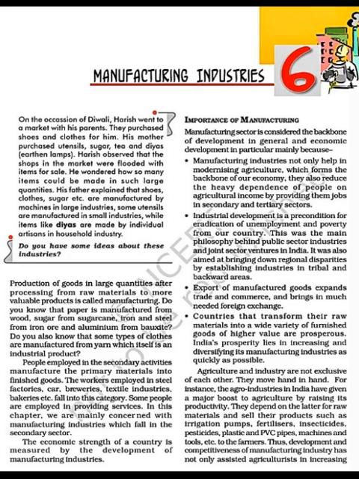Some states are really prosperous, where a lot of industrialization has been happening and they have many agricultural lands. So they are the prosperous regions. And what about the backward regions? How can they be developed? By setting up industries there. Such a policy should be framed by the government so that they can attract industry to those backward areas. So industrial development, students, is a prerequisite for removal of unemployment and poverty in our country.